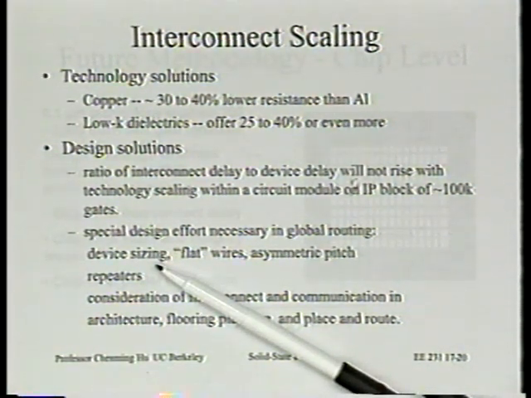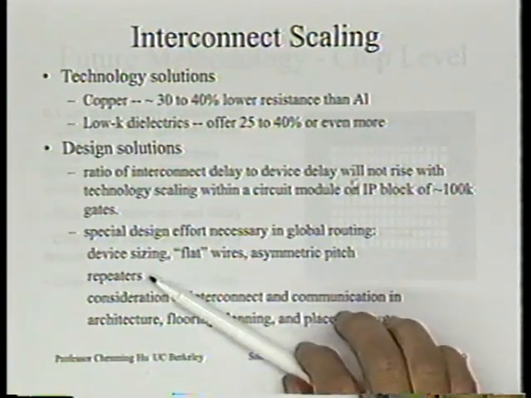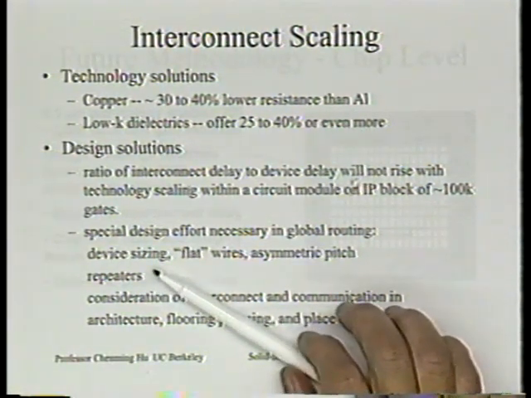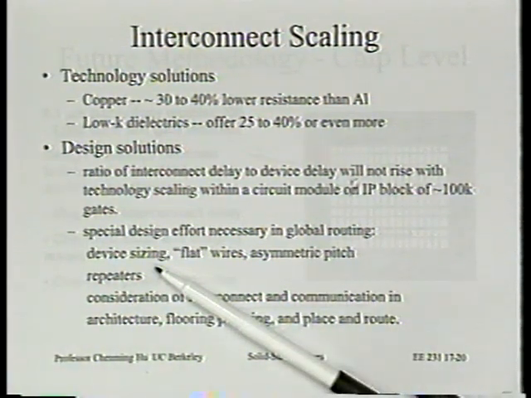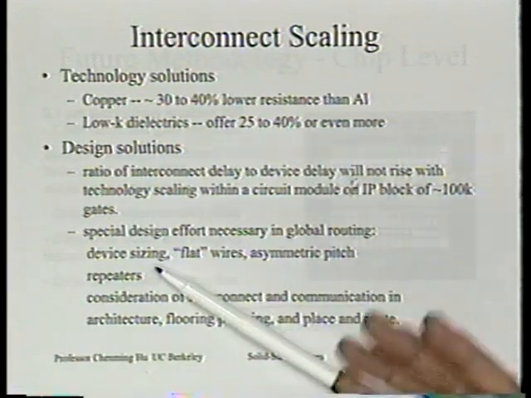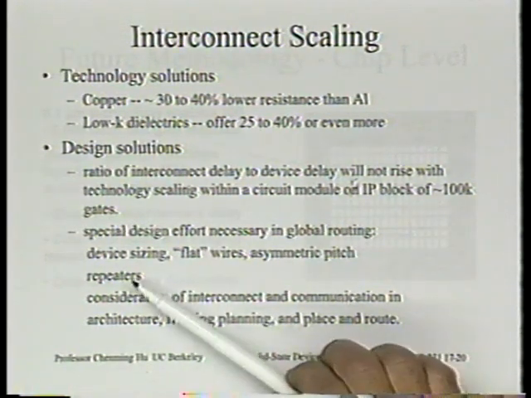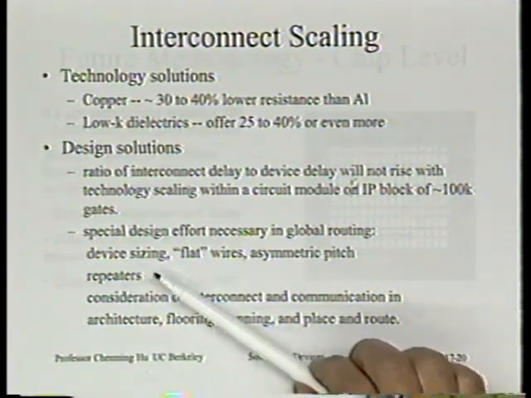You have to keep that in mind. In other words, capacitance will not be dominated by the interconnect. In fact, the optimum is when the transistor contributes half of the same amount of capacitance as the interconnect. Remember, this is one conclusion from the beginning of today's lecture. All right? So one simple conclusion would be that device sizing is important.